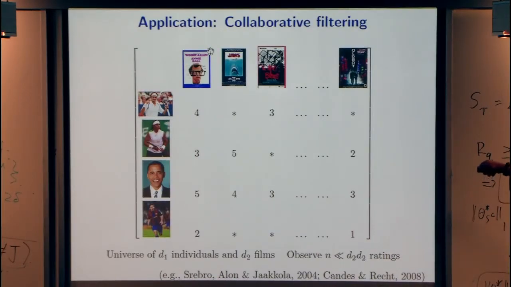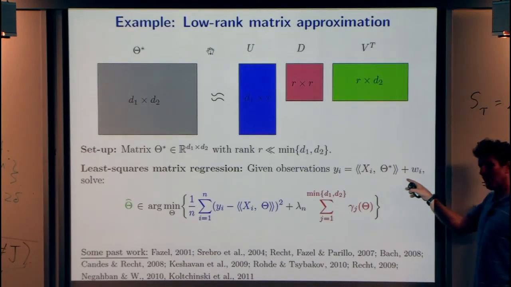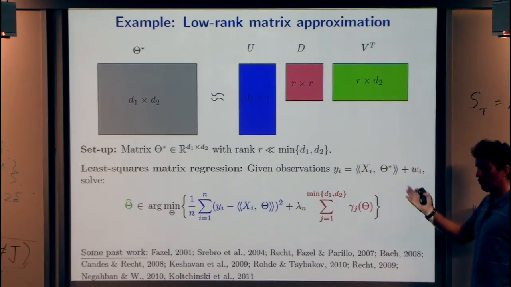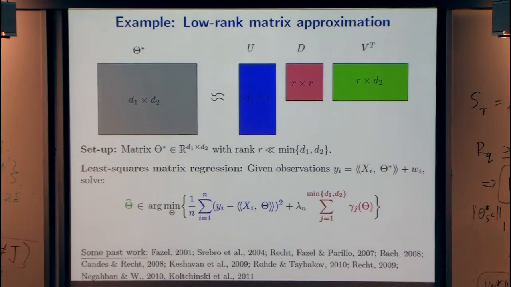But the interesting regime is when many of the entries are not observed. You have many stars, so it's a missing data problem. For this collaborative filtering, probably this model is not really realistic. Probably more realistic would be something like a binomial model if you had 0-1 responses, or a multinomial model, but those are simple generalizations of this.